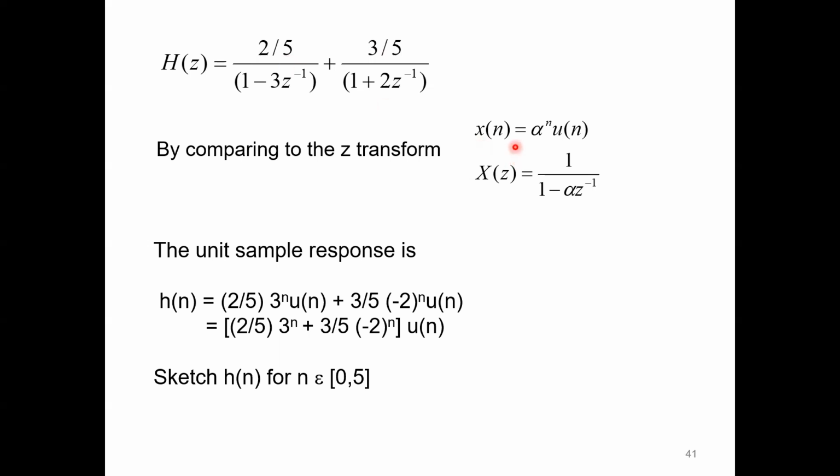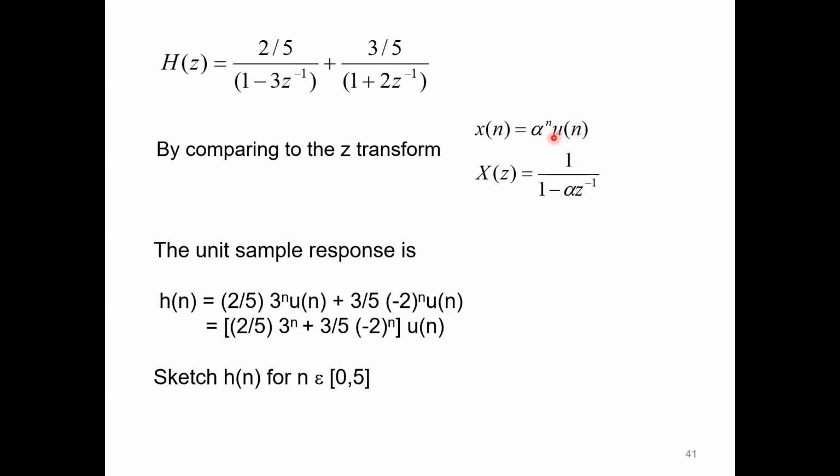Now, if I recall from the z-transform table, I want you to think about this one. When x[n] is alpha^n u[n], this is a sampled unit step signal. So it is a sequence of impulses, and every impulse height is one, and there are so many of them at regular intervals from time 0 to infinity.